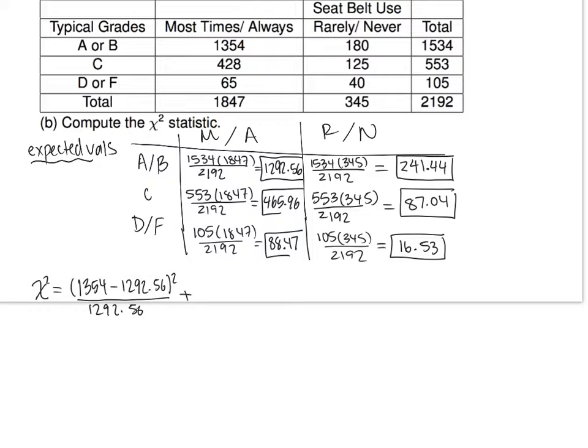Who comes next? 180 minus 241.44. And then 428, right? Minus 465.96 squared.